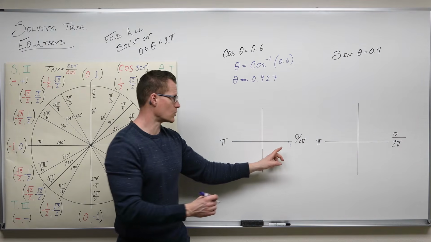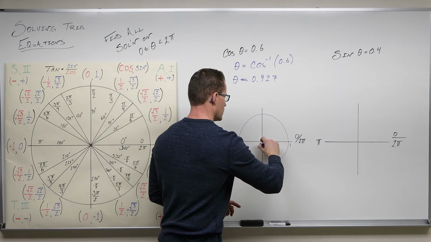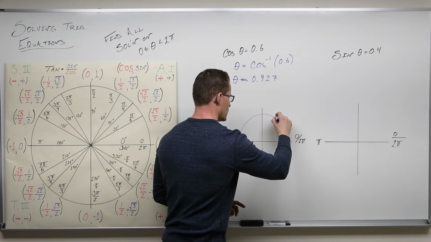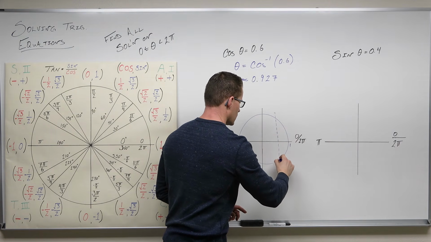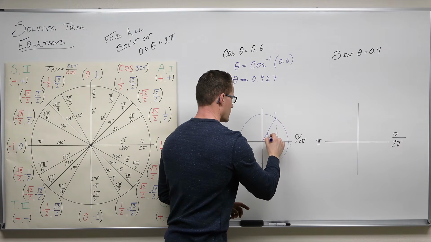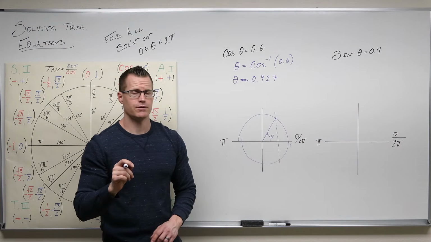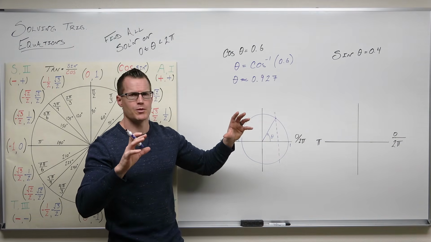On a unit circle, that is the angle they're giving you. Why is it that angle? Well, because cosine inverse, man, I hope this is making sense.